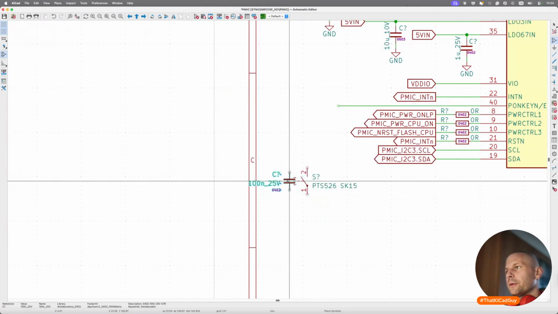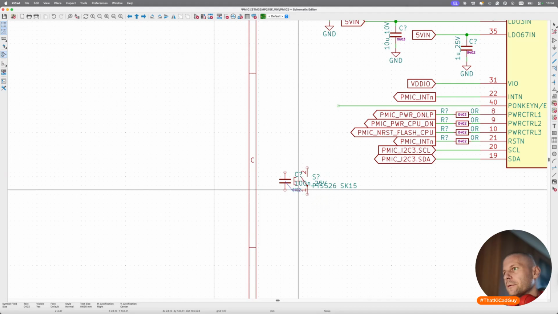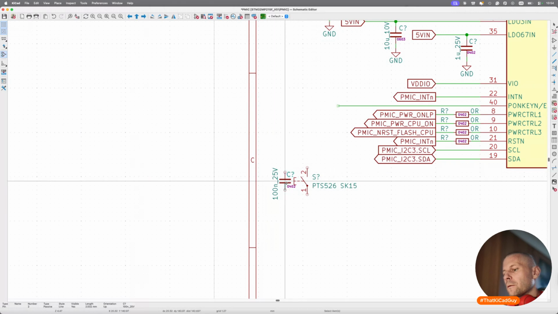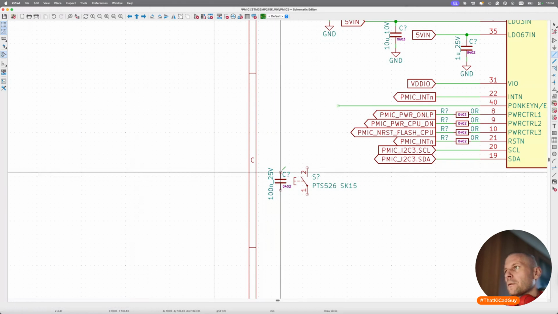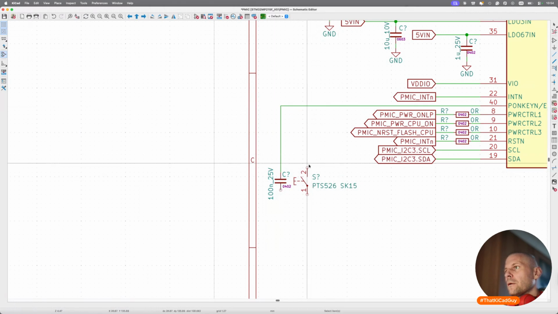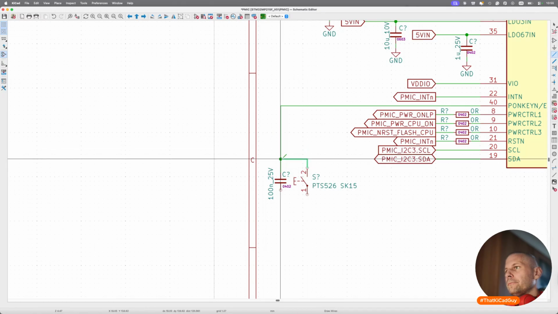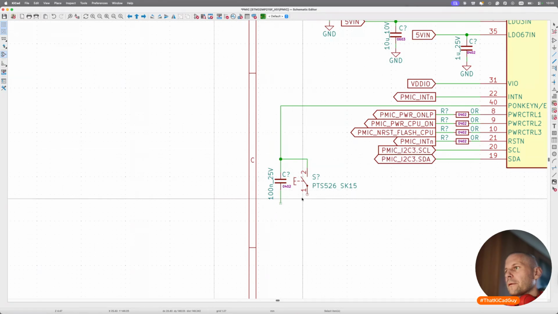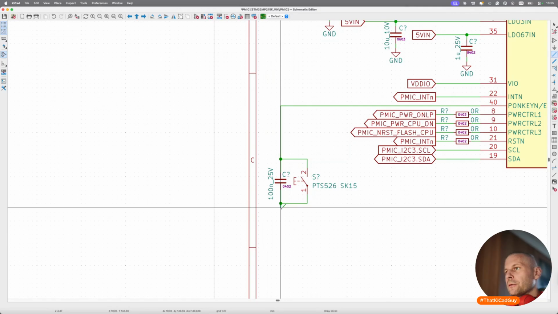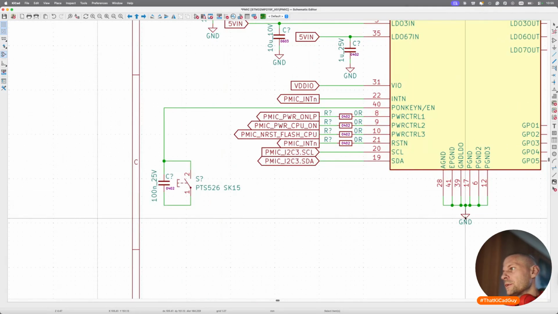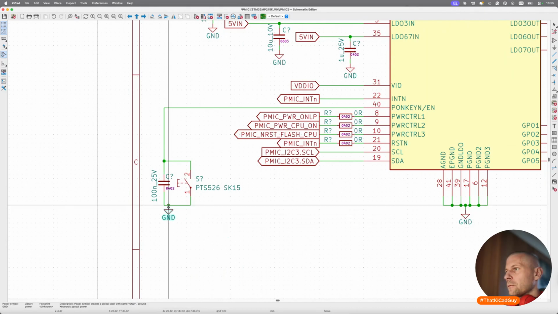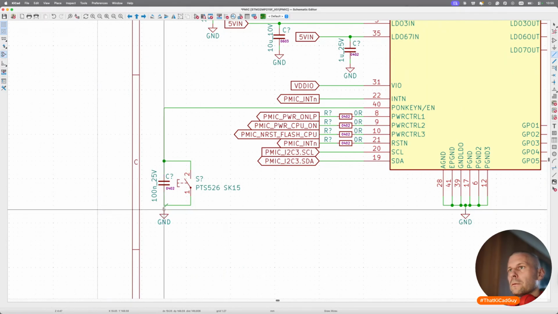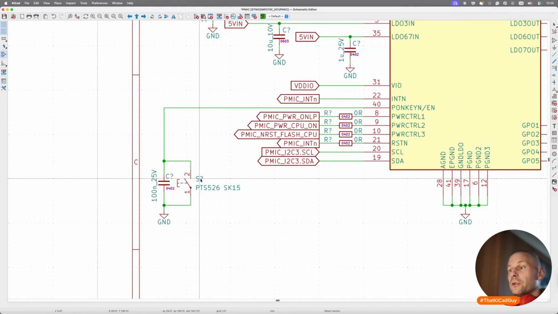Probably this one because the schematic will be full of them. And I am surprised that they don't use the SD diode, which I definitely will.